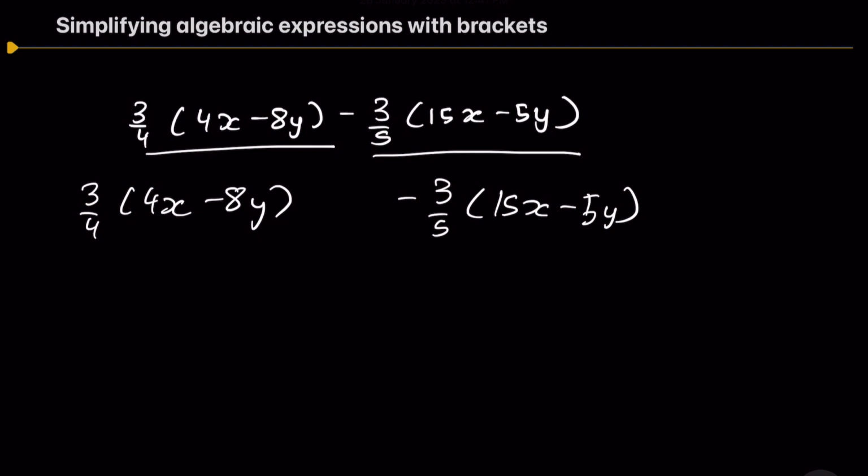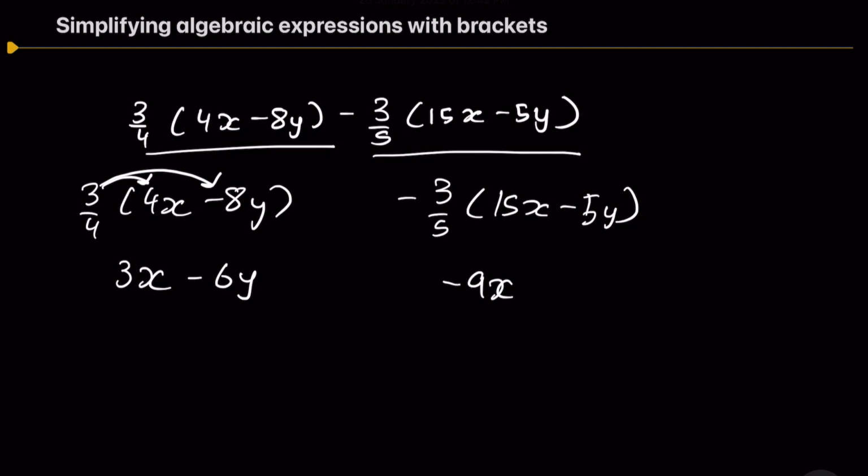When you expand the outside term with each and every one of the inside terms, you would get 3 by 4 into 4 is just 3x. Then when you multiply 3 by 4 into minus 8, you would get minus 6y. Now when you multiply minus 3 by 5 into 15, you would get minus 9x as well.